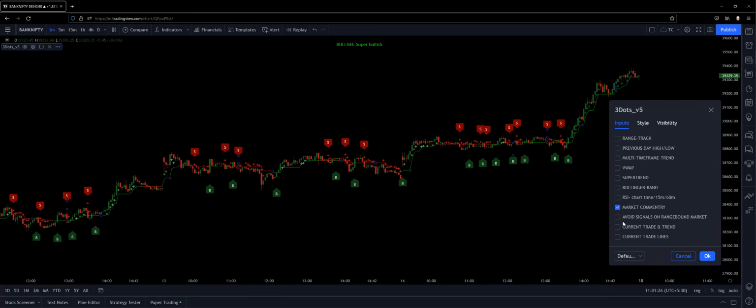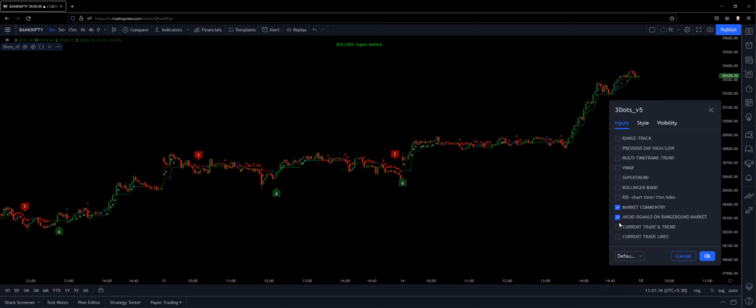So I have brought in a checkbox, where if you select this one, it will not show you trades if the market is ranging, right? Avoid signals on a range bound market, right? When you enable it, it will not show any of the trade signals if the market is range bound, right?